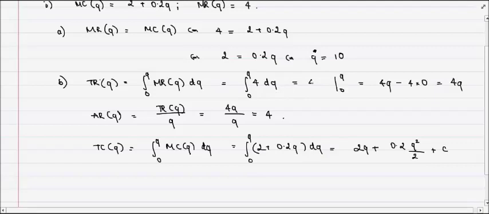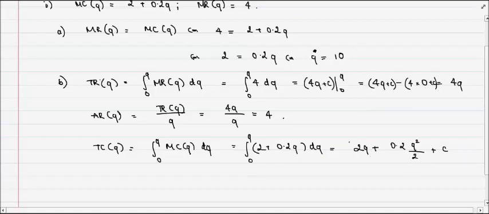Evaluated from 0 to q, the constant cancels.